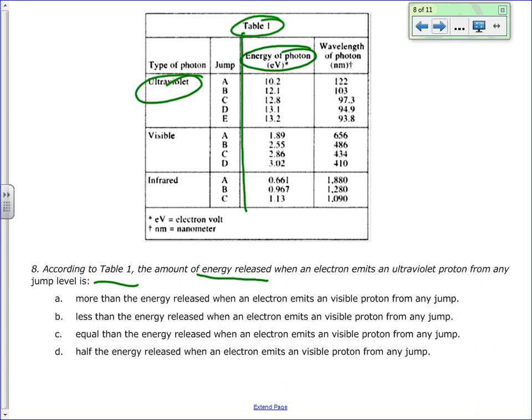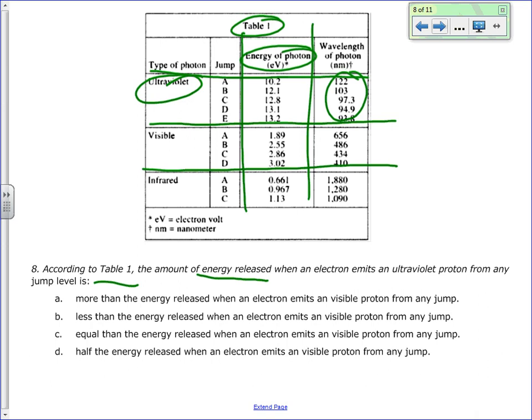Good, so we're looking somewhere in here, for ultraviolet. And then I noticed what we're trying to connect to, which is visible photon. Excellent. So we're trying to compare energies of ultraviolet to energies of visible.